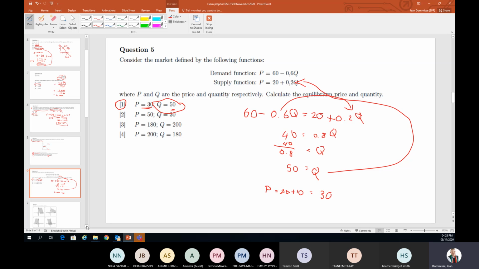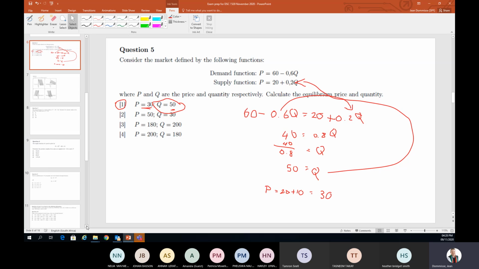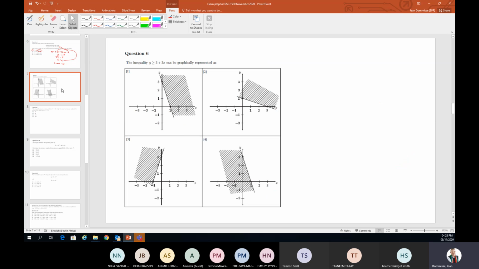Okay, so the first 5 questions was quite reasonable, I think, for the previous semester. Question 6 was an interesting one because it's the first time that I see that them only asking one inequality. So yes, later on there will be more, but it's the first time that I've seen it in this format.